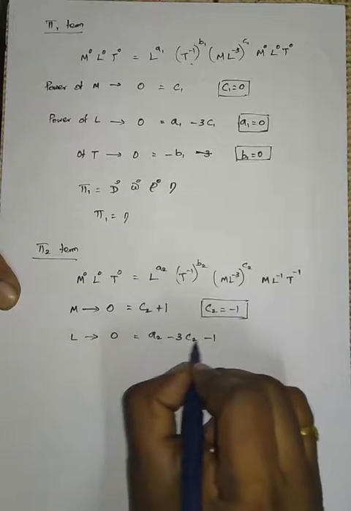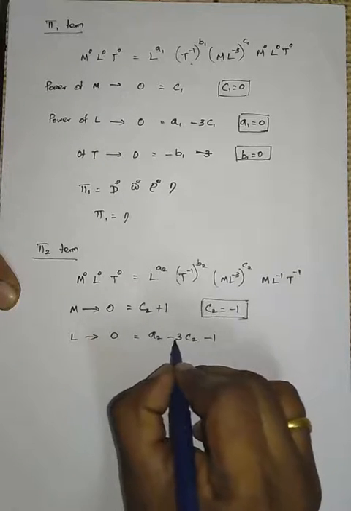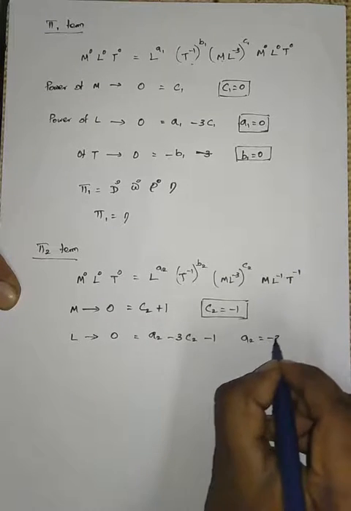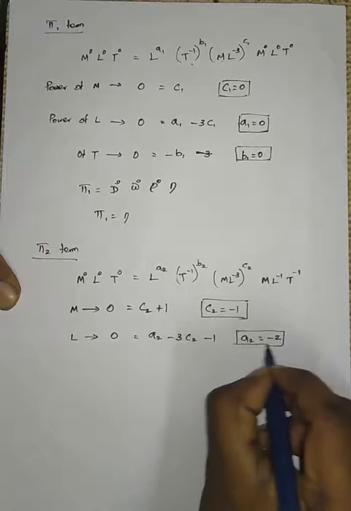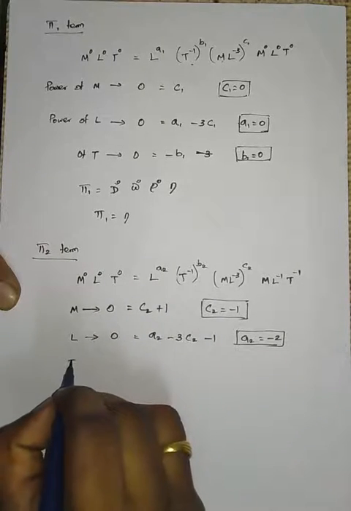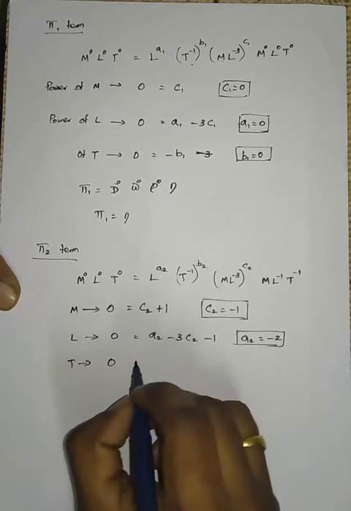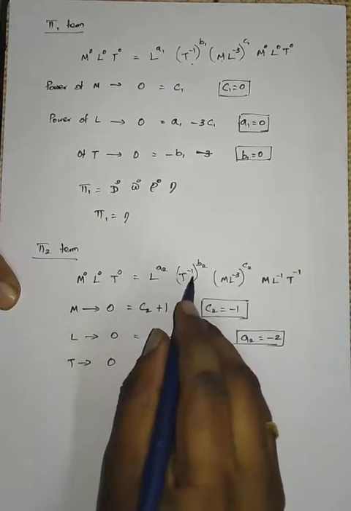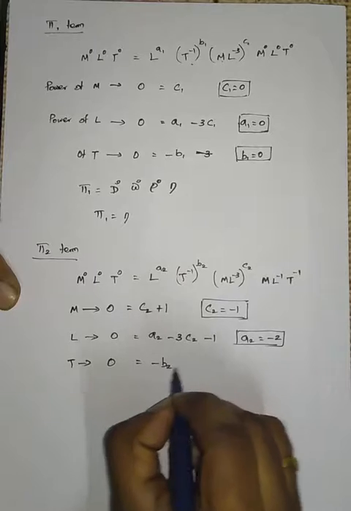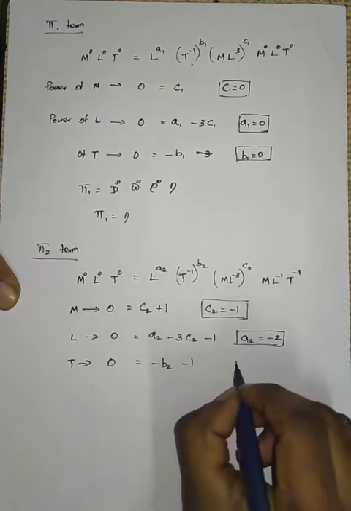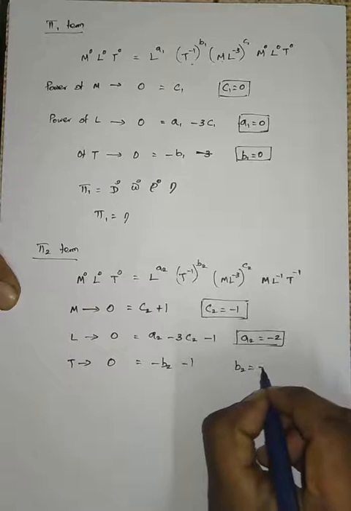So a2 plus 3 minus 1, so it is a2 plus 2. So a2 equal to minus 2. Then consider the power of T. Here it is 0, which is equal to minus b2 minus 1. So b2 equal to minus 1.